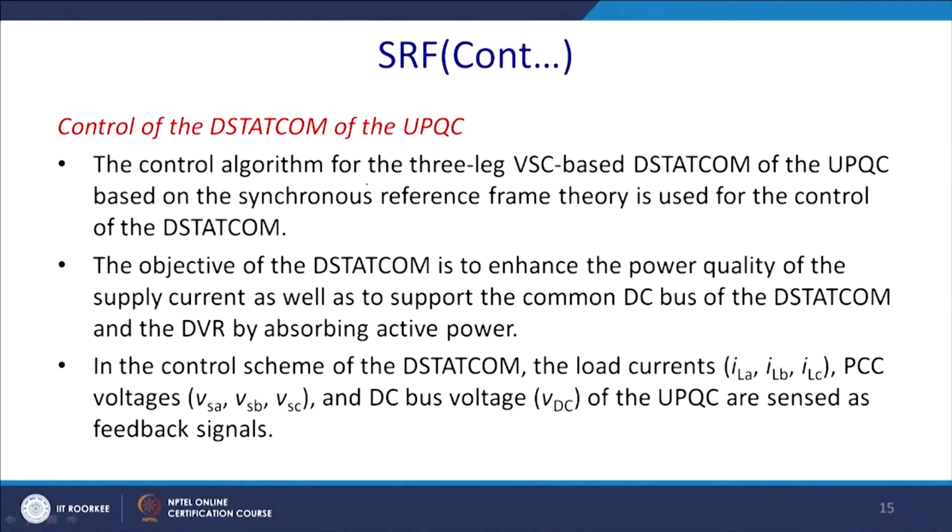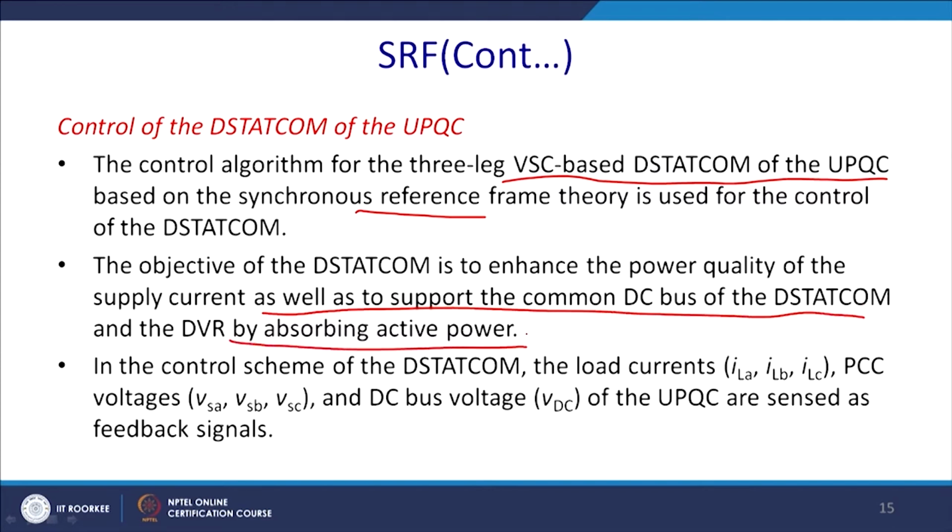So, a quick takeaway: the control algorithm of this 3-leg voltage source D-STATCOM of the UPQC, based on the synchronous reference frame, is discussed for the control of the D-STATCOM. The objective of the D-STATCOM is to enhance the power quality of the supply current as well as to support the common DC bus voltage of the D-STATCOM and DVR by absorbing the active power.